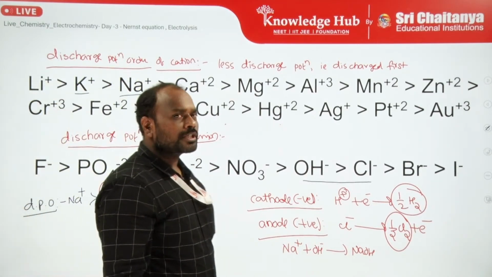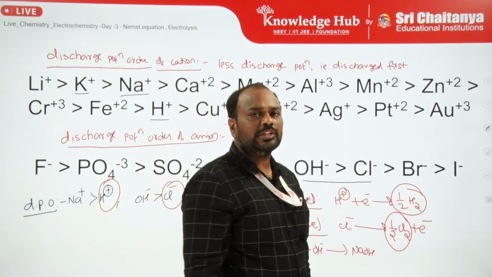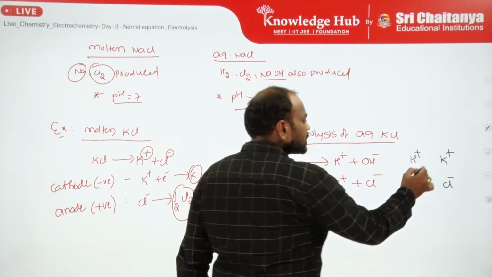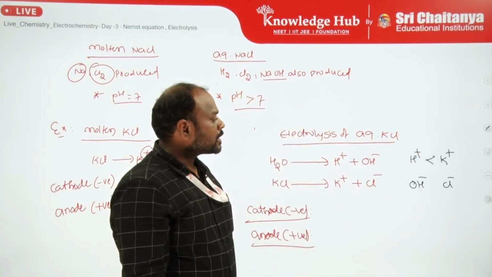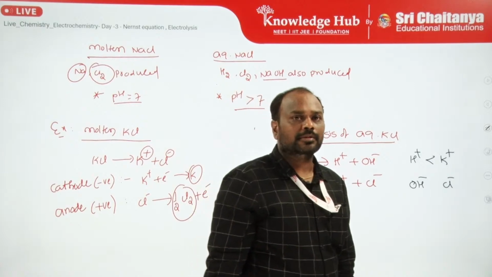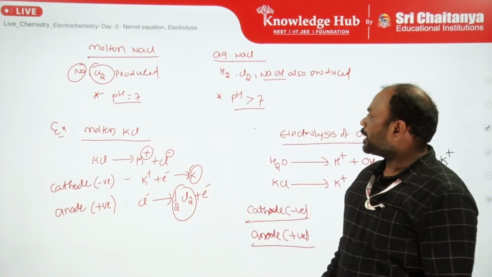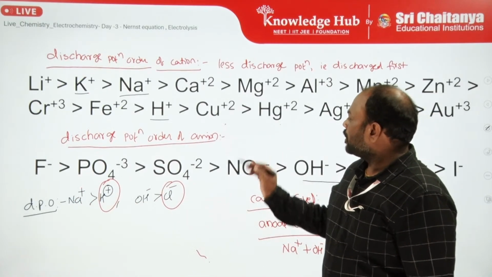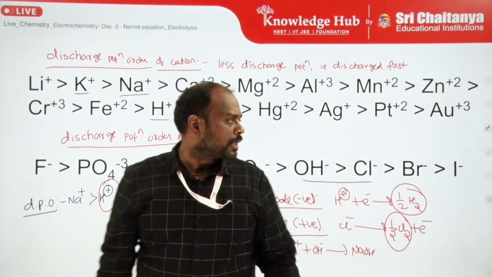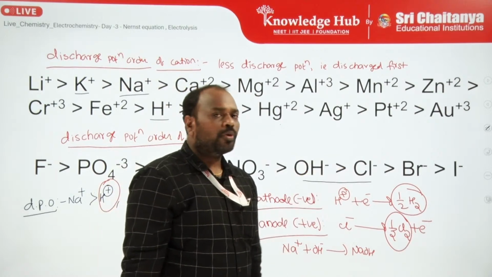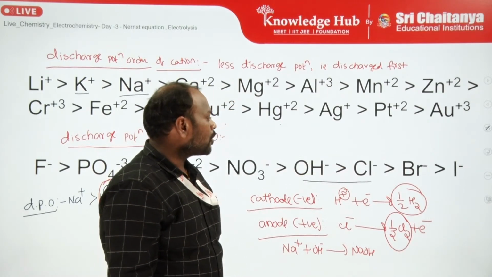Out of potassium and hydrogen, which one shows more discharge potential? Potassium shows more discharge potential. Next, OH minus and Cl minus. Which one shows more discharge potential? OH minus shows more discharge potential compared to chloride.